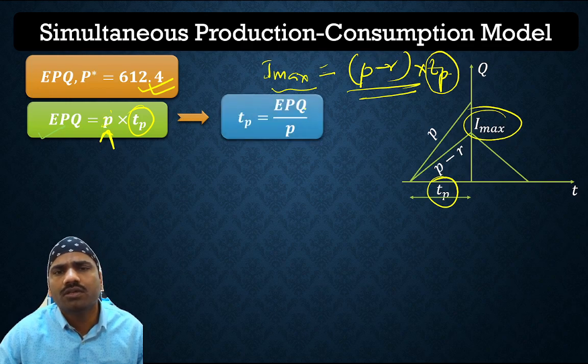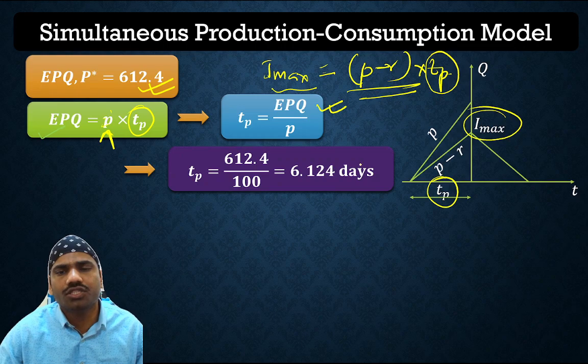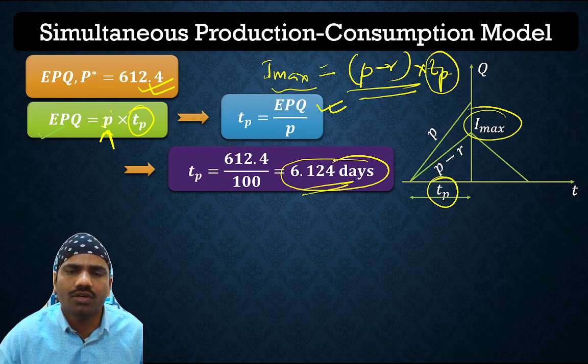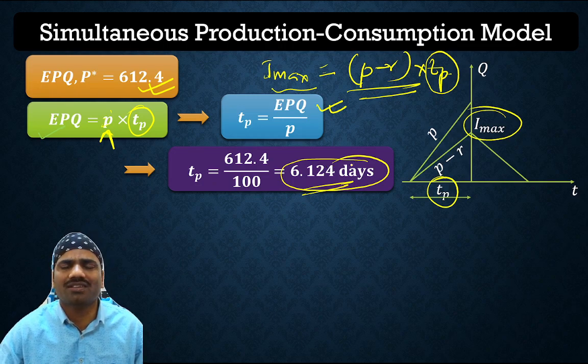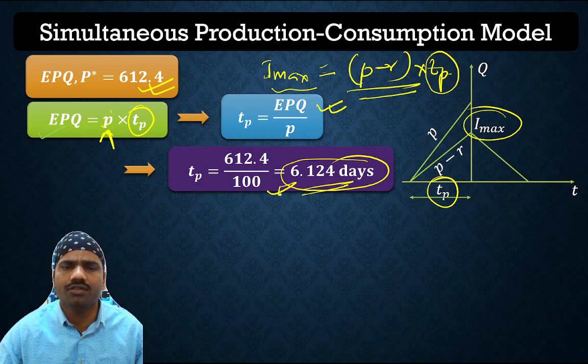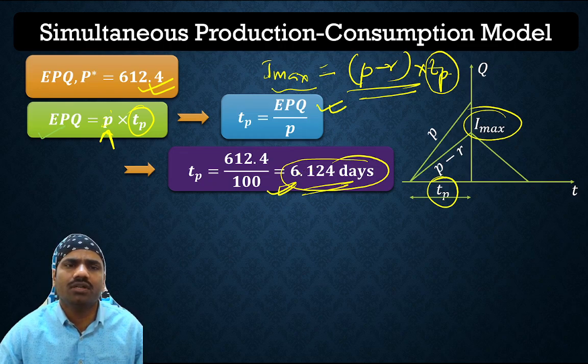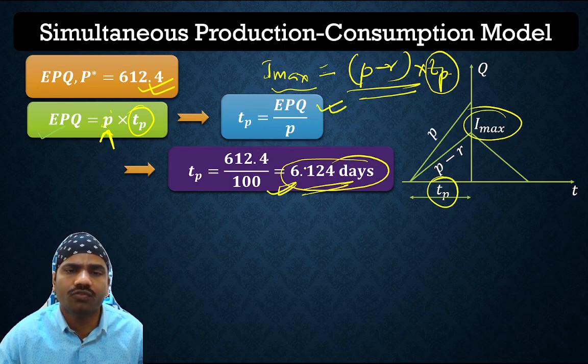So TP will be 612 by 100, and that is 6.124 days. So the production time is 6.124 days. We will go for fractions only, not integers, so we will leave it as a fraction. Production rate is 100, and economic production quantity is 612.4.